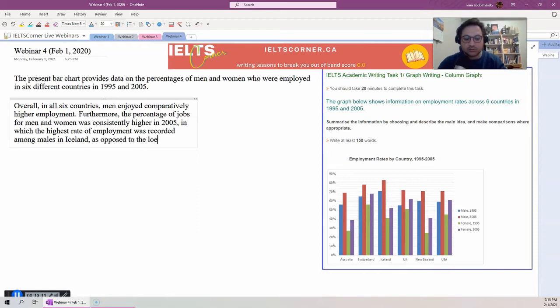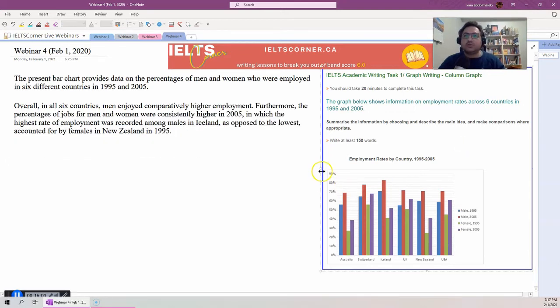the lowest accounted for by females in New Zealand in 1995.